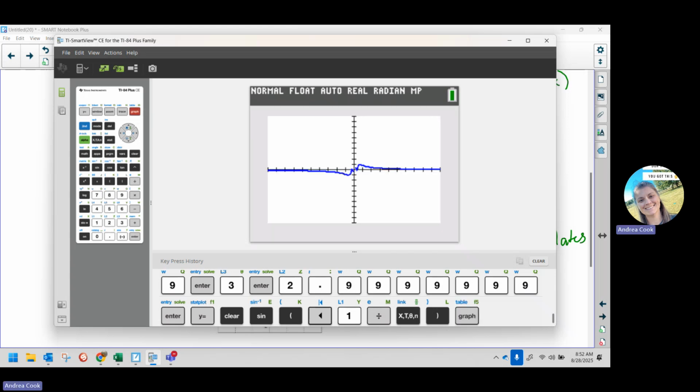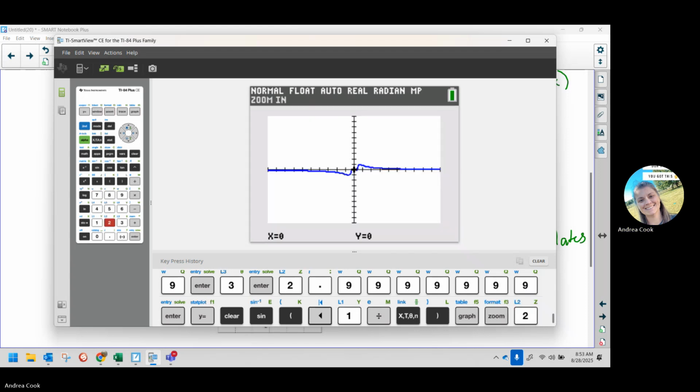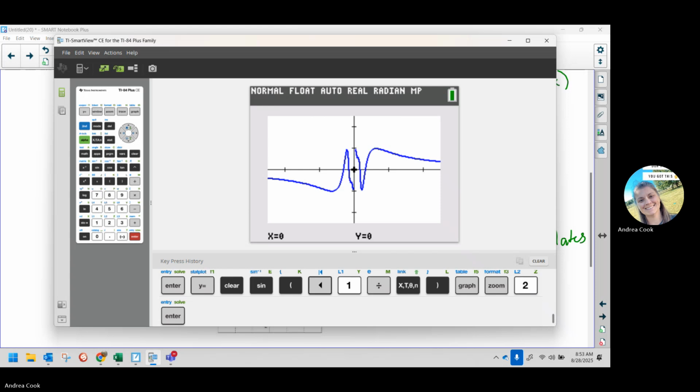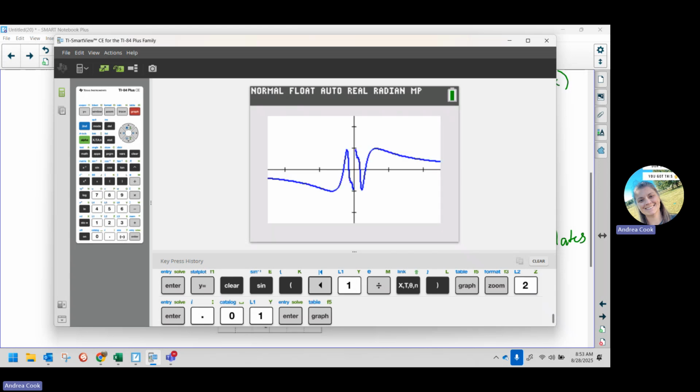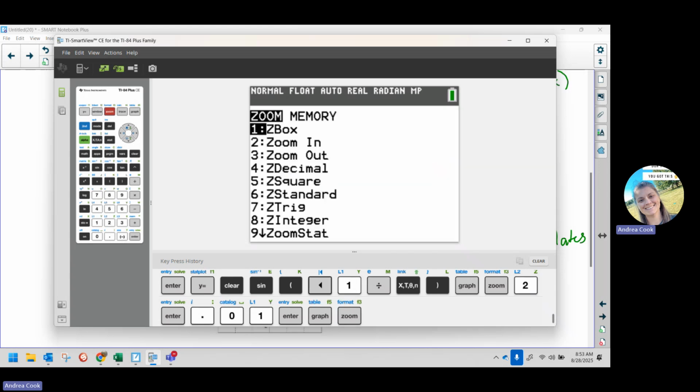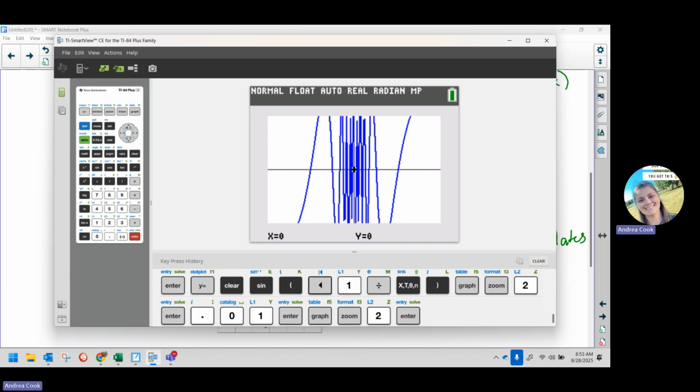So at first glance, it looks fine, right? But if I zoom in, what's going to happen, like if I do 0.01, let's zoom in. Zoom in again. So as you zoom in, it's just like jumping up and down and up and down. So that's what we call it.